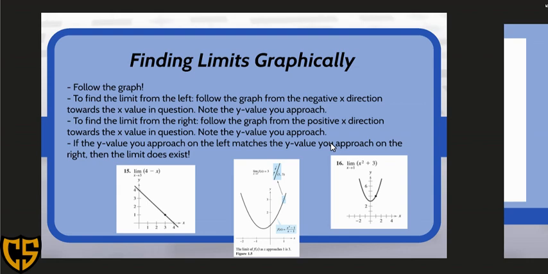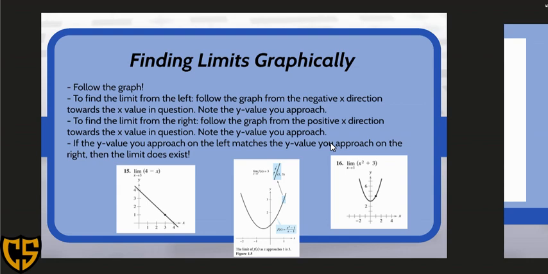You should follow the graph. To find the limit from the left, you follow the graph from the negative direction toward the x value in the question. The y value it approaches is your limit.